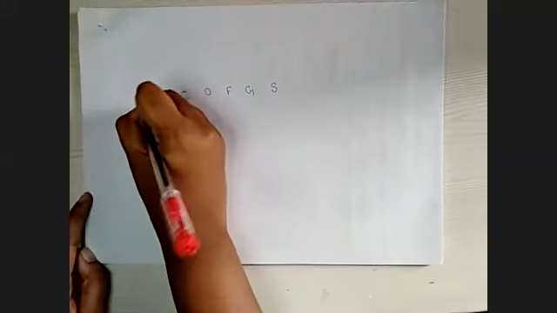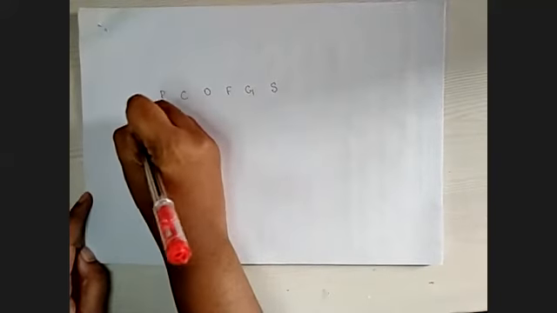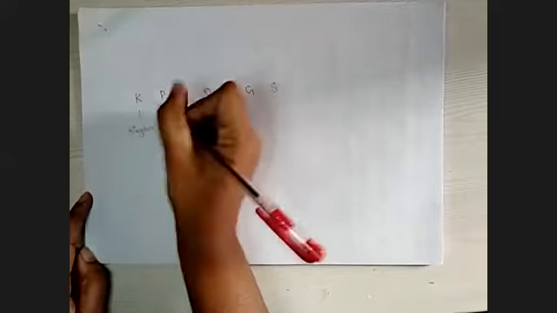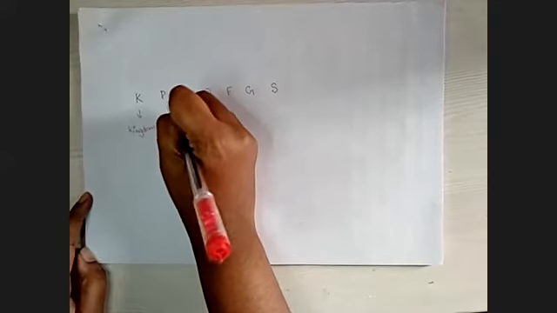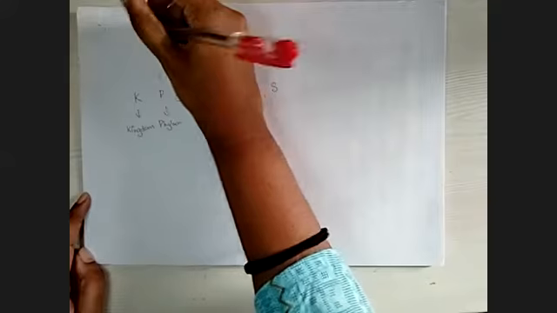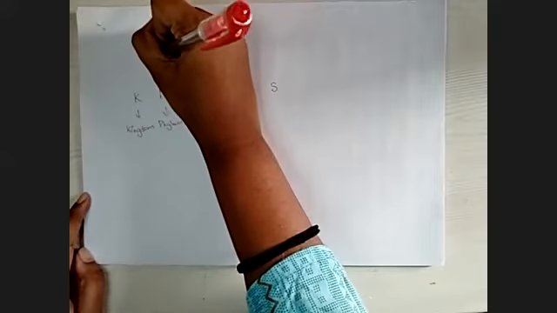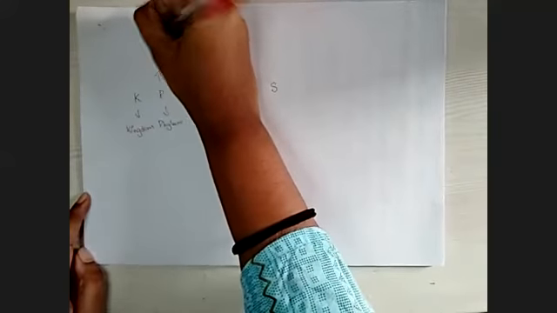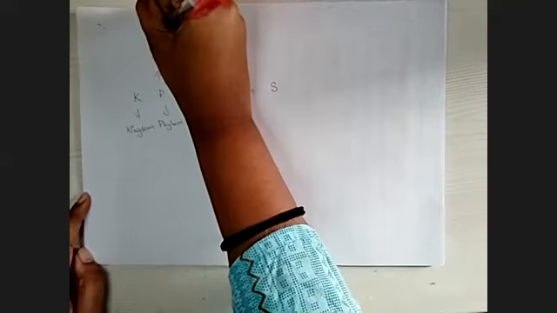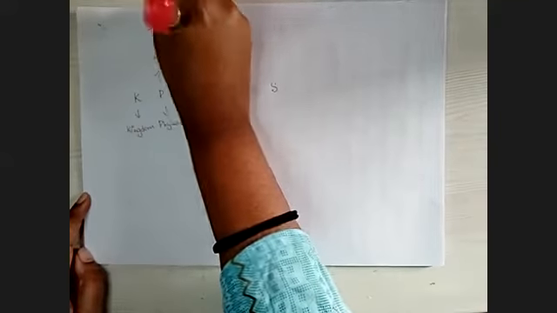Okay, so let me just write what they are originally. You've got kingdom, phylum. This might change for plants. It is division. So instead of phylum, it will be division in plants.